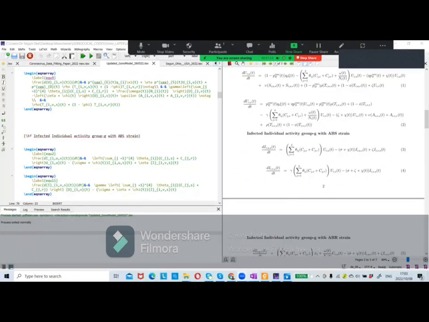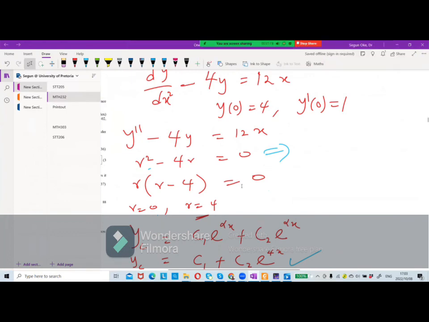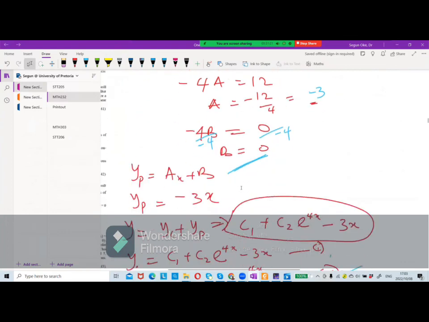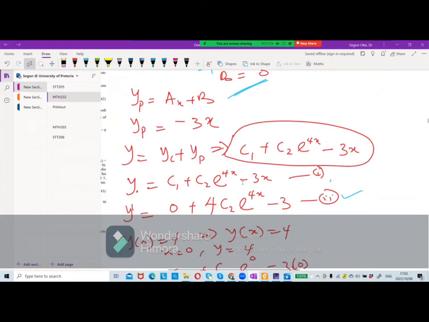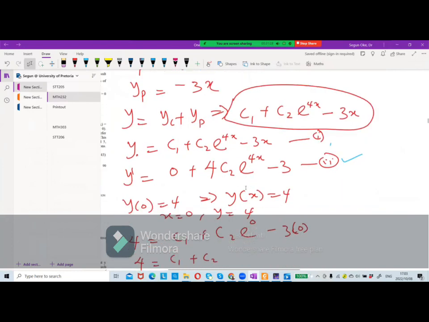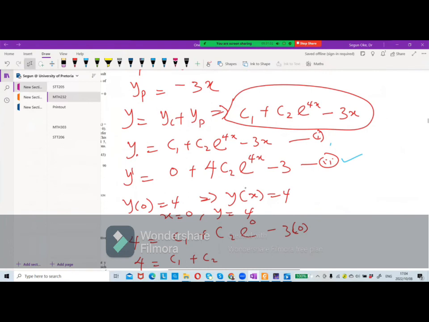Like we are saying, at this point, several things need to be considered. Let's look at this. So we have our general solution. After the general solution, we differentiate this and substitute into your y.